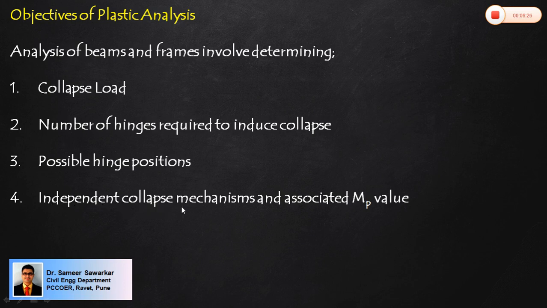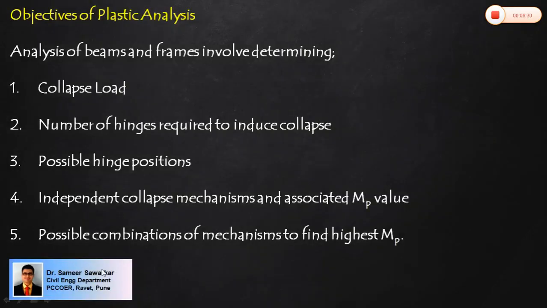Independent mechanisms means whether beam mechanism or sway mechanism. Then possible combinations, as we just saw in the last slide, that there are some combinations of collapse possible, and then to find the highest plastic moment of resistance.